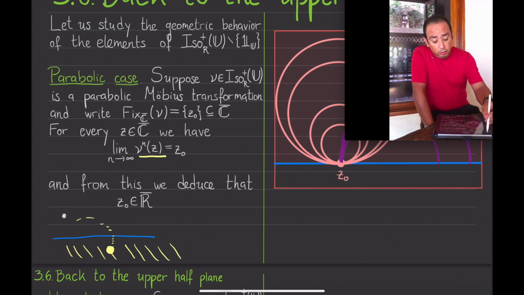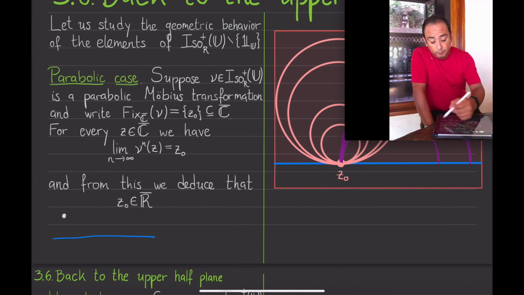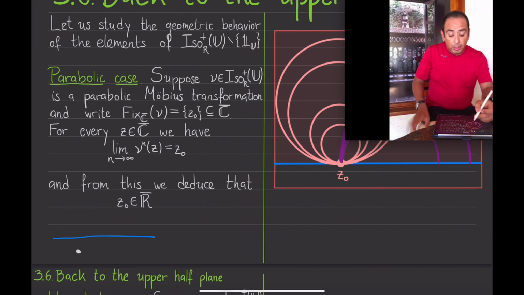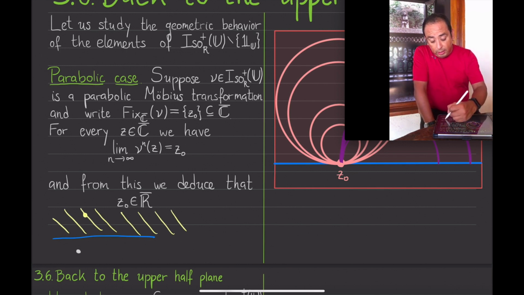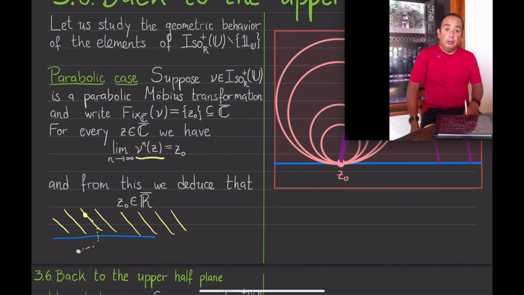So this argument shows that the fixed point cannot lie in U, and likewise it cannot lie in the lower half plane, because then you can apply the same argument: you would be able to pick any point in the upper half plane and start iterating, and because this limit has to be z0, you would have to land in the lower half plane, and then again you would have a contradiction.